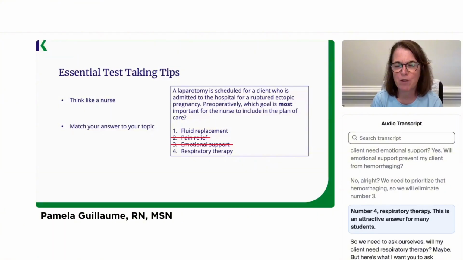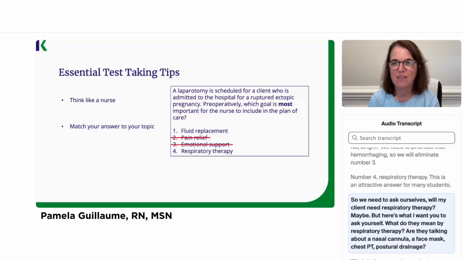Number 4, respiratory therapy. This is an attractive answer for many students. So we need to ask ourselves, will my client need respiratory therapy? Maybe, but here's what I want you to ask yourself. What do they mean by respiratory therapy? Are they talking about a nasal cannula, a face mask, chest PT, postural drainage?